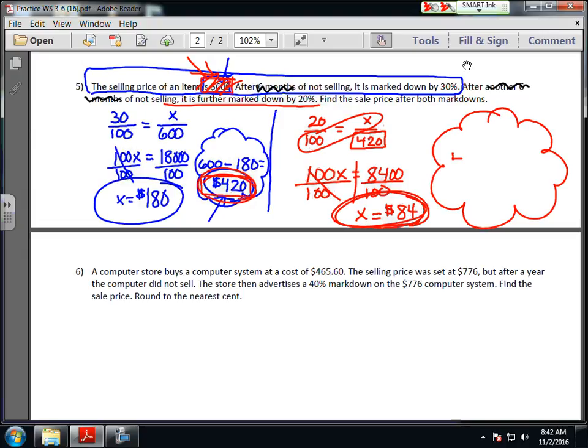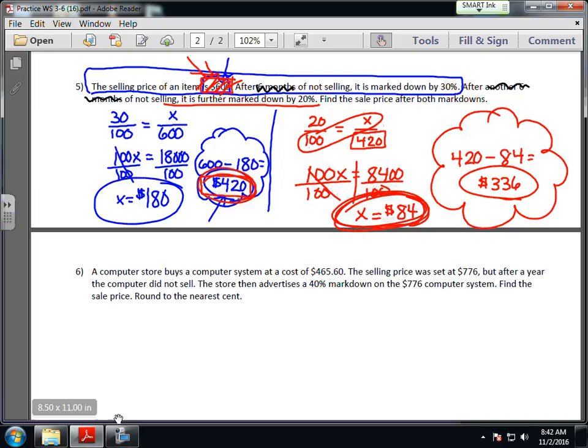We have to use the $420, then subtract the $84 to get what? $336. So if you take an item that was $600 and you mark it down 30%, and then 6 months later you mark it down another 20%, the final cost of it is $336.